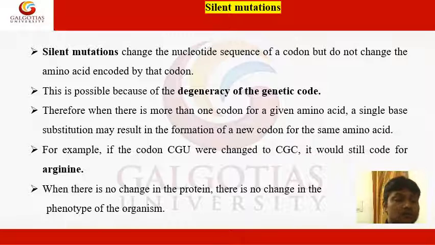Therefore, when there is more than one codon for a given amino acid, a single base substitution may result in the formation of a new codon for the same amino acid. For example, if CGU were changed to CGC, it would still code for arginine. When there is no change in the protein, then there is no change in the phenotype.